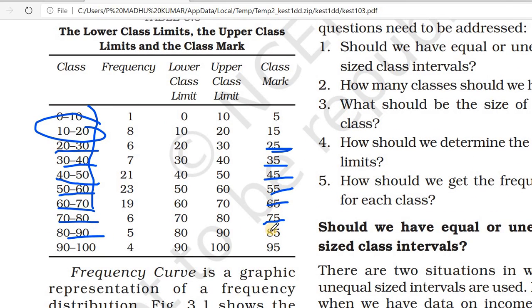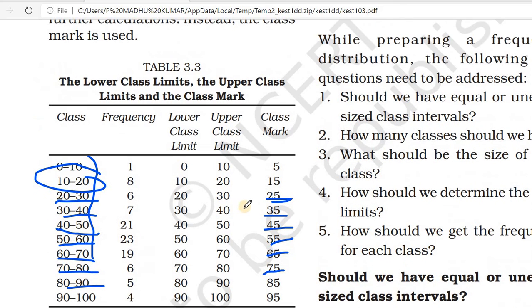Here 80 plus 90, 170 divided by 2, 85. 90 plus 100, 190 divided by 2, it is 95. This is the method to find out the class mark or midpoint.